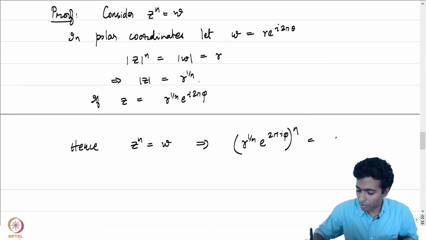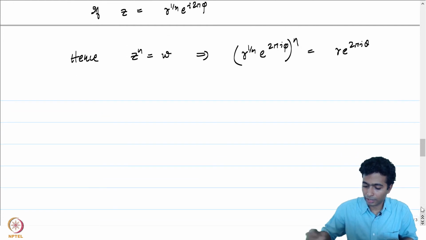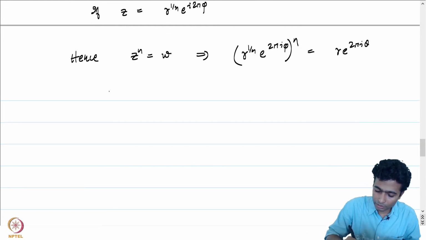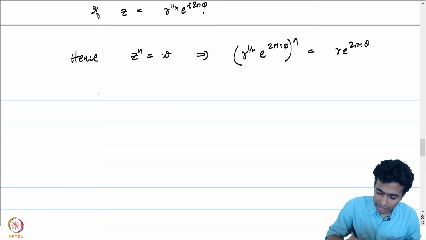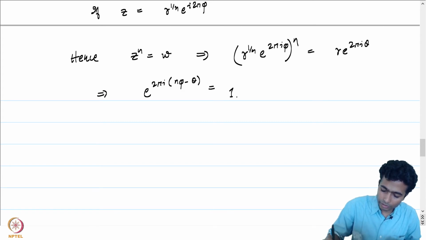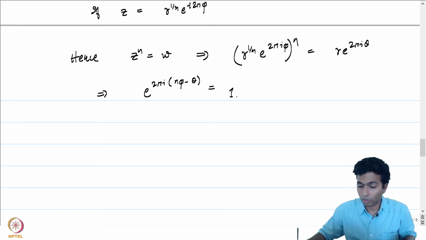This is equal to r e to the power 2 pi i theta, and by a similar argument, r is a positive number, so r to the power 1 by n to the power n is equal to r, and the r's cancel. This gives us that e to the power 2 pi i n times phi minus theta is equal to 1. I have already multiplied by the complex conjugate of e to the power 2 pi i theta on both sides.